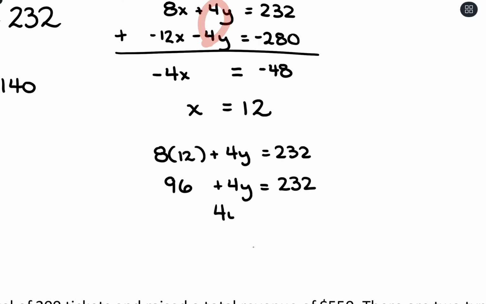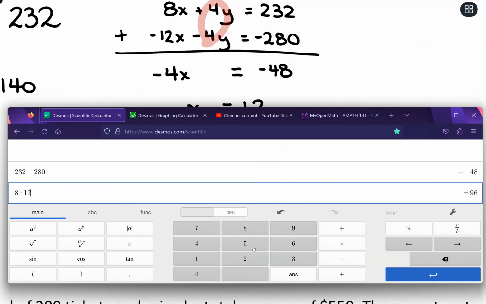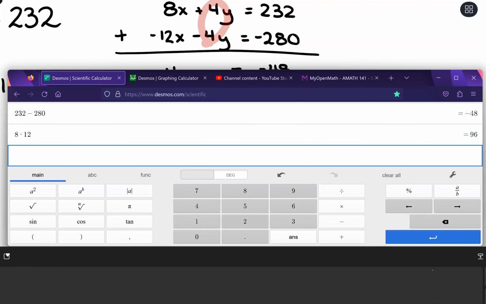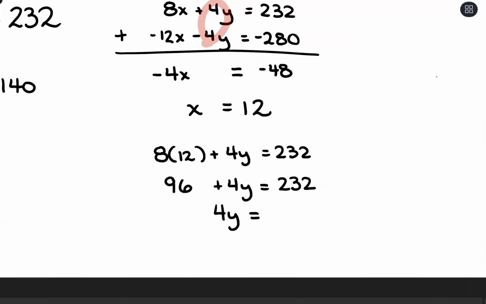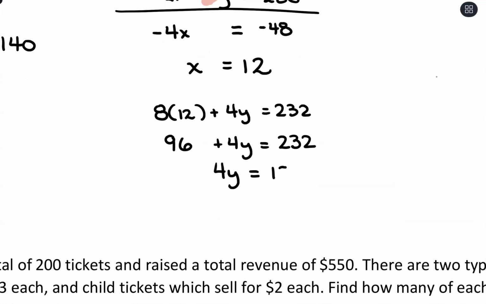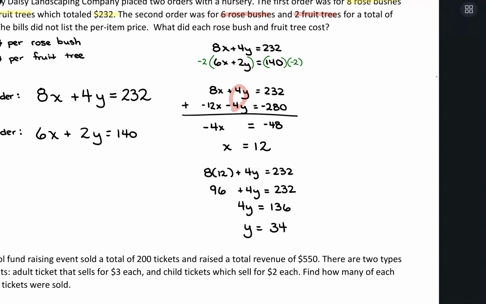Subtract 96 from both sides. Let's see, 232 minus 96 is 136. Divide both sides by 4 for 34.